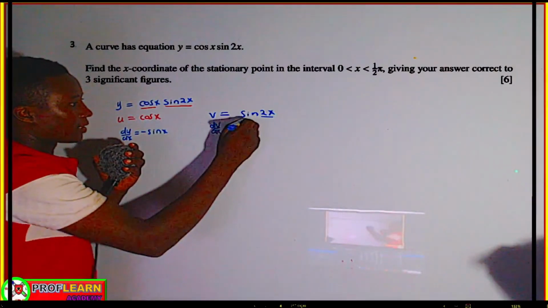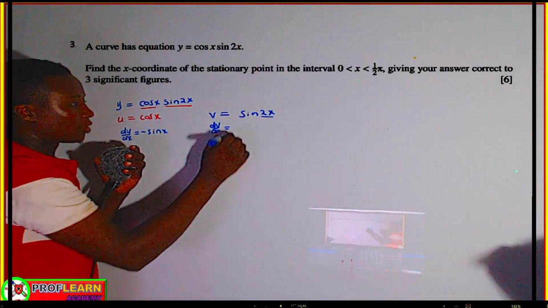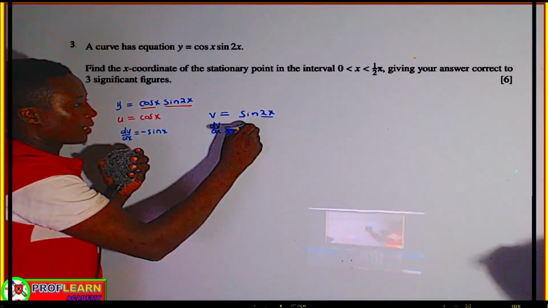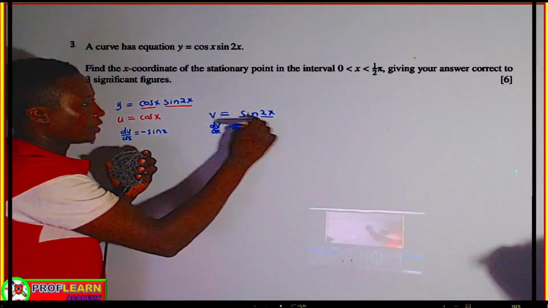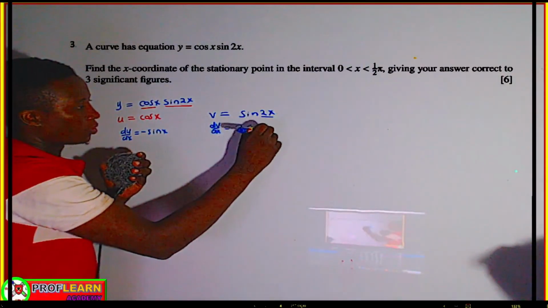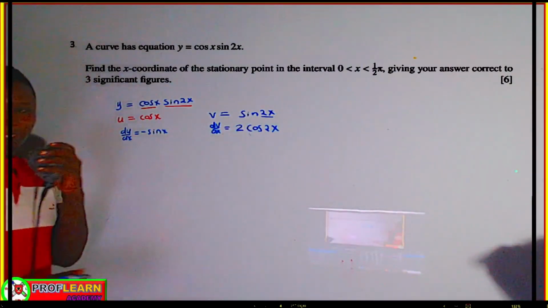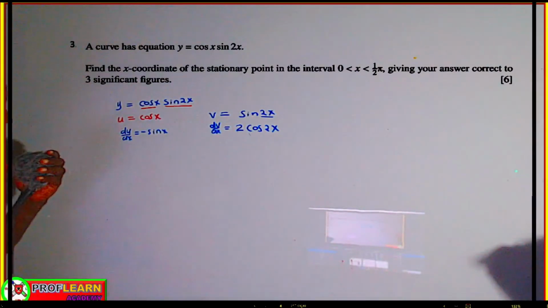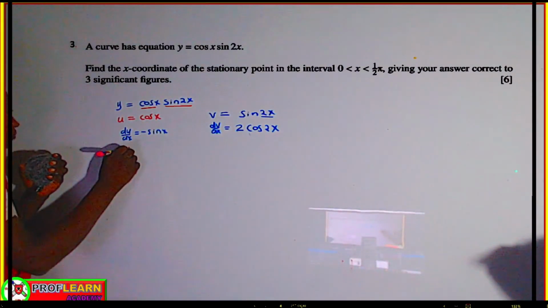So we differentiate the inner function first, which leaves us with 2, and then multiply that by the differential of the outer function, which is cos 2x. That is what we get, and that means we can now apply the product rule.